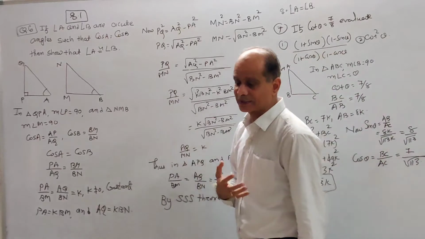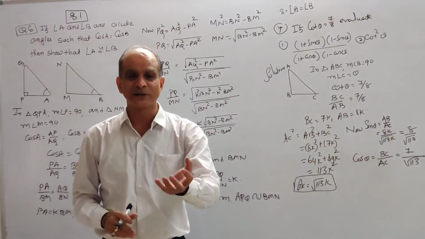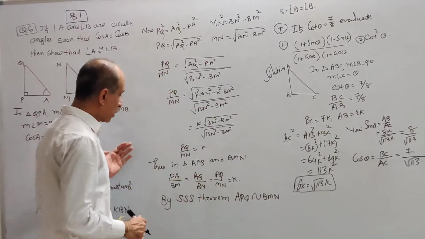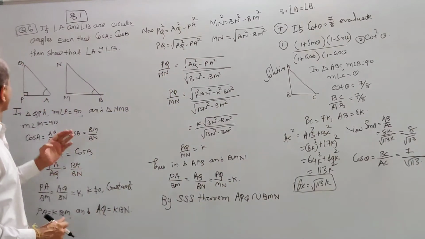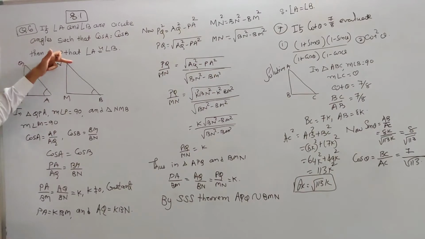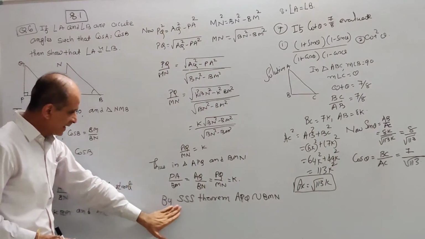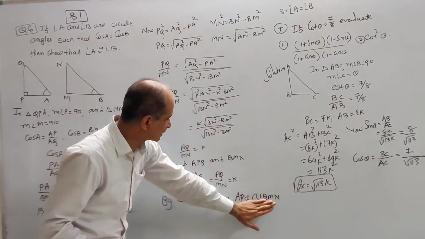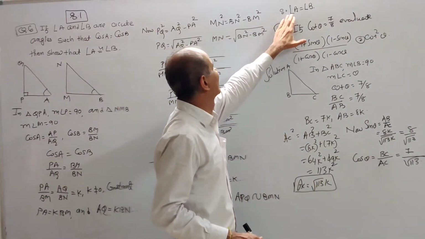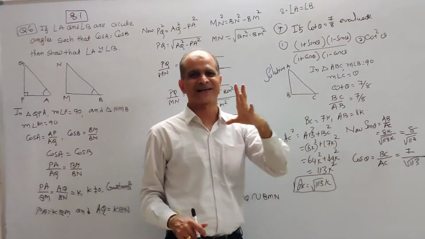If two triangles are similar, then their corresponding angles are always congruent. A and B are corresponding angles, P and M are corresponding angles, similarly Q and N are corresponding angles. So the triangles are similar, so the angles are congruent, and that's why we can write angle A is equal to angle B.